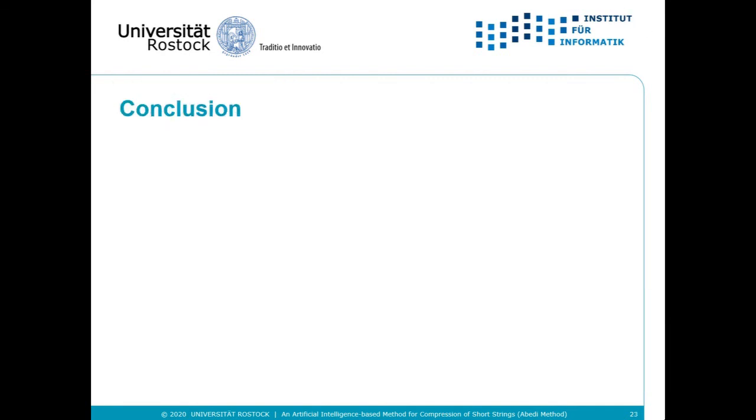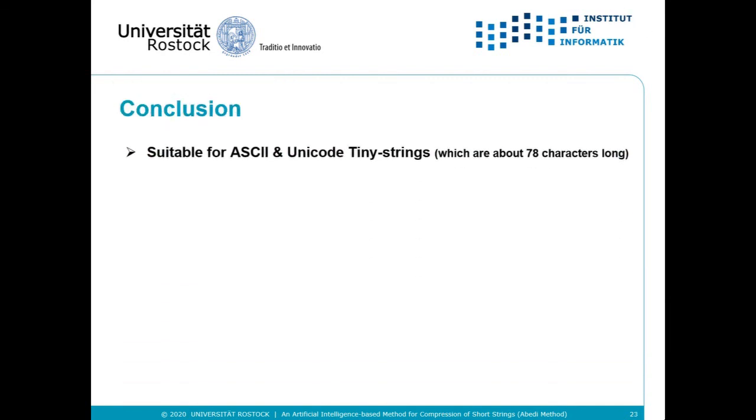To conclude the presentation, we proposed a comparison method which is suitable for reducing the size of ASCII and Unicode tiny strings. This method does not need to do any statistical analysis before beginning the comparison process.